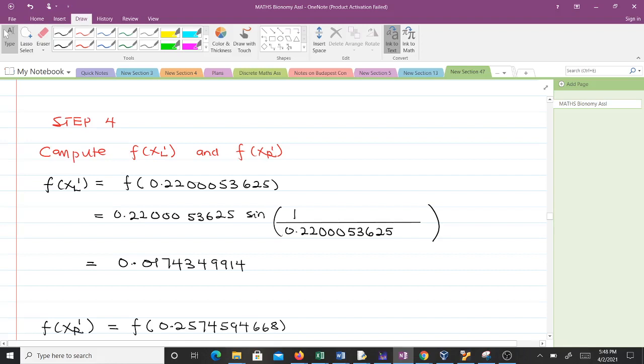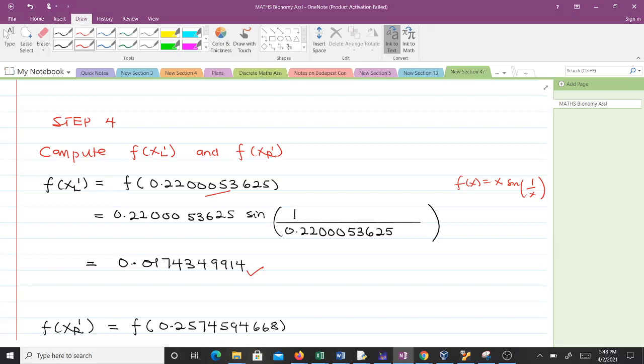So f of xl1 will be equal to f of 0.2200, what have you. But note that from the question, our objective function is f of x equals x sine 1 over x. So wherever we find x, we put this thing there. Computing this is going to give us 0.0174349914.